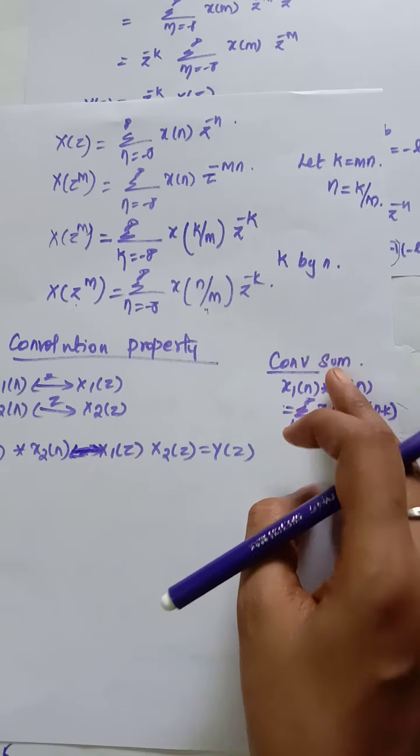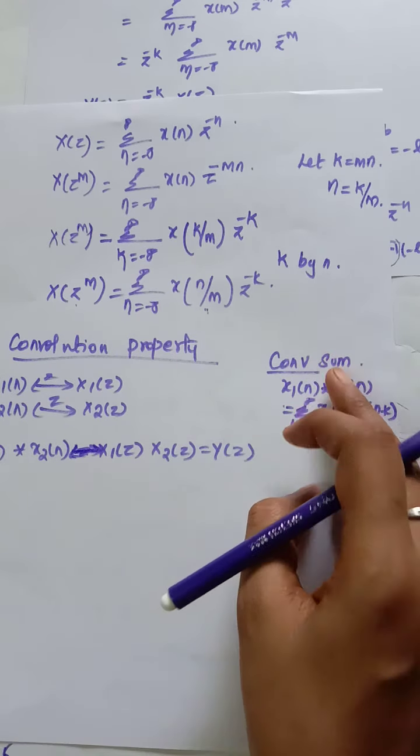Now since this y of n is nothing but x1 of n convolution x2 of n, into z power minus n. Now I am going to apply this formula. So summation n equal to minus infinity to infinity, summation k equal to minus infinity to infinity, this convolution formula x1 of k x2 of n minus k into z power minus n.